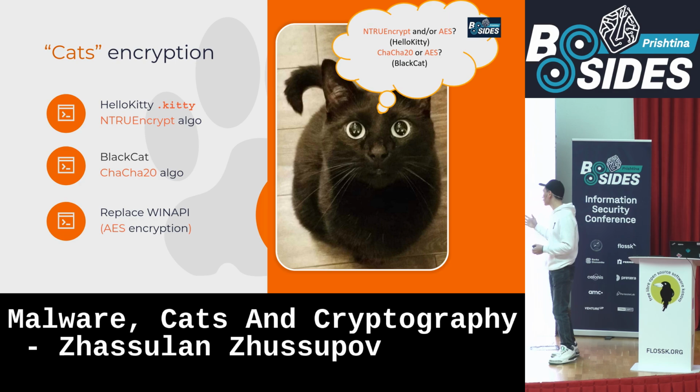And when you replace Win API functions, it really decreases your detection score, and sometimes your entropy. And really, when I tried to research these cases during my career.